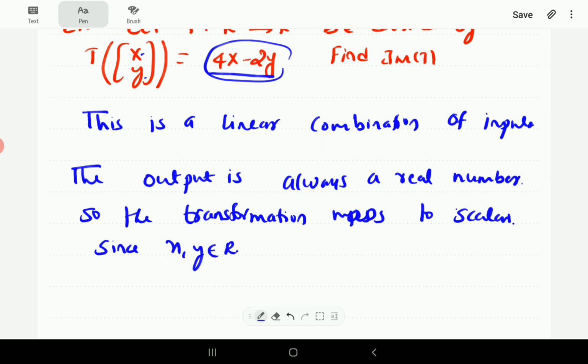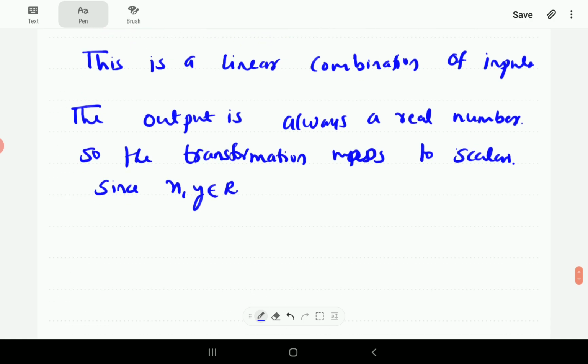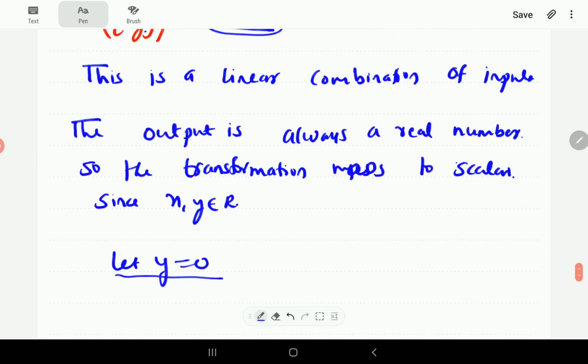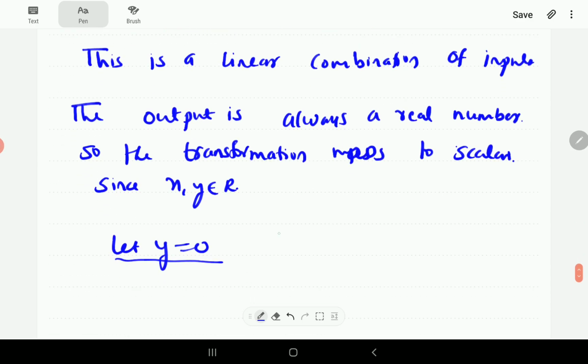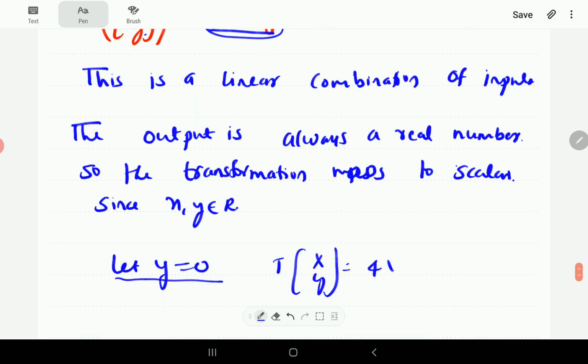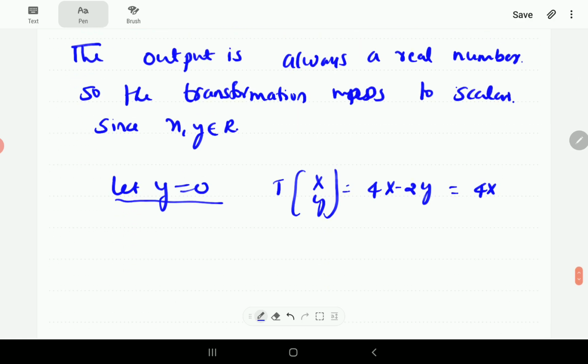So what I do is, let me choose y equal to 0. Then T of (x, y), which is defined as 4x minus 2y, will now be 4x, because 2y will be 0.